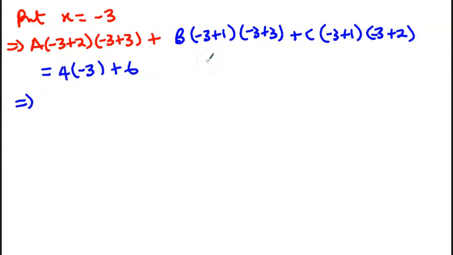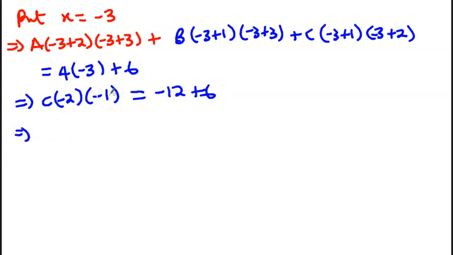So you shouldn't forget the right hand side, okay? So this will give us 0, so this whole term will go to 0. Then the term containing b will also go to 0 because minus 3 plus 3 is equal to 0. 0 will make this whole term disappear. So we have c times minus 3 plus 1, which is minus 2, and then minus 3 plus 2 is minus 1, is equal to 4 times minus 3, which is minus 12, plus 6.